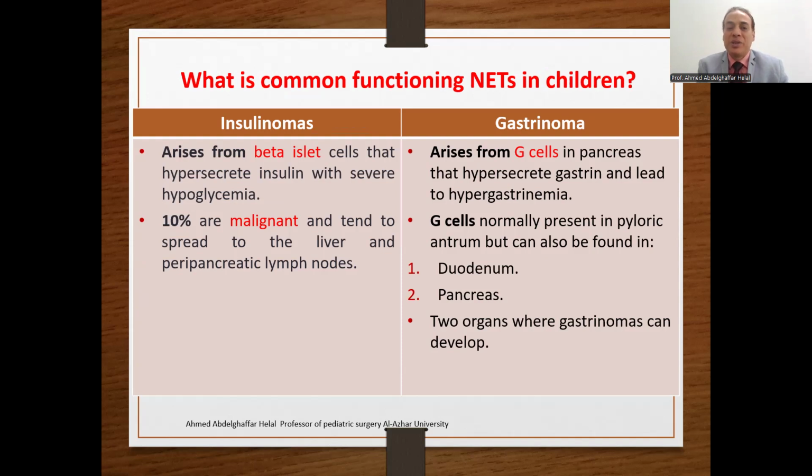Insulinoma arises from the beta cells that secrete insulin, and 10% are malignant. Gastrinoma arises from the G cells in the pancreas that hypersecrete gastrin and lead to hypergastrinemia. The G cells are normally present in the pyloric antrum but can be found in the duodenum and the pancreas, where the tumor can arise.